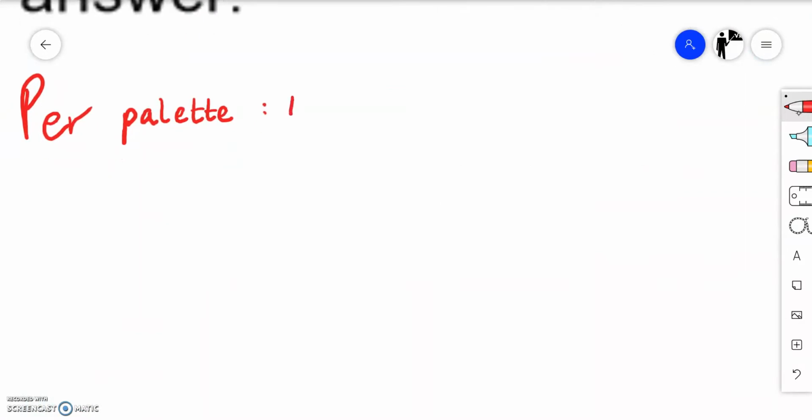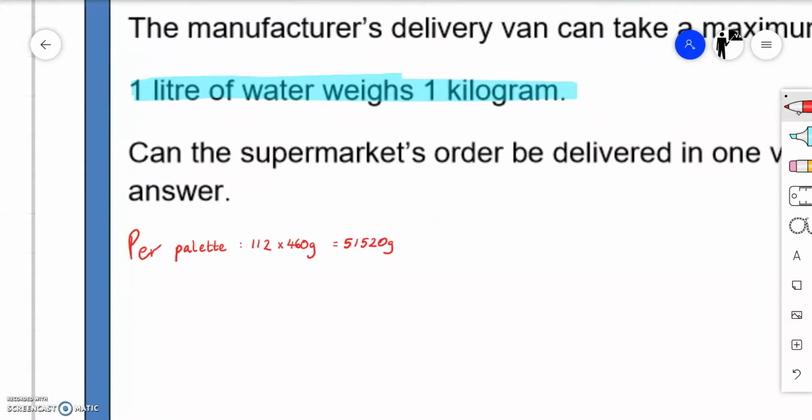So we've got 112 lots of 460 grams, and 112 multiplied by 460 is 51,520 grams. I'm just going to keep this as grams just now. So that's for every 1 pallet.